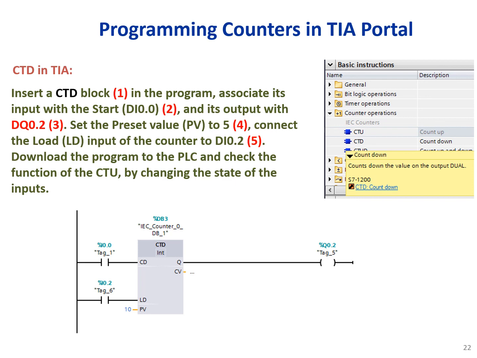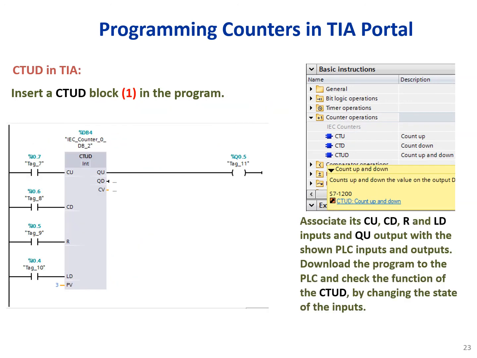Insert the counter down block, follow the same steps, very similar. I'm gonna leave this part also to you, and pick a preset value and check your program and see the functionality of the program. Counter up down block, very similar. Again, you could drag and drop it from the counter operation list here in the basic instructions.